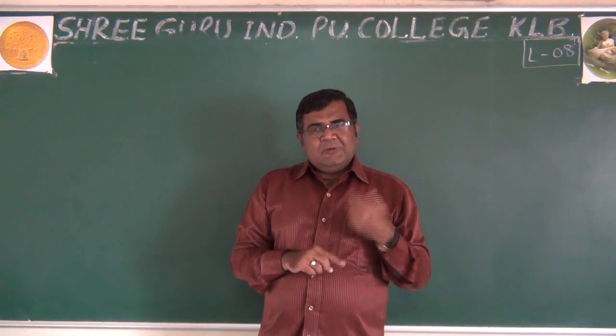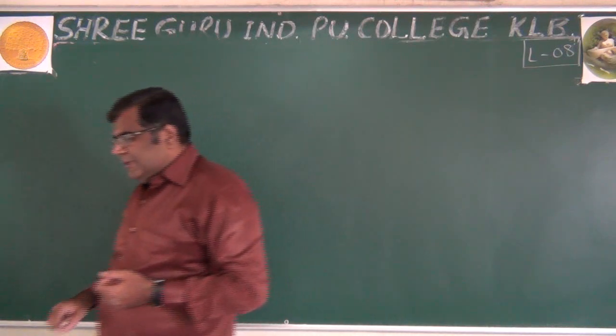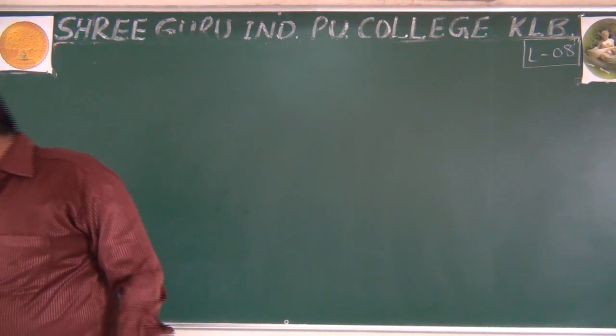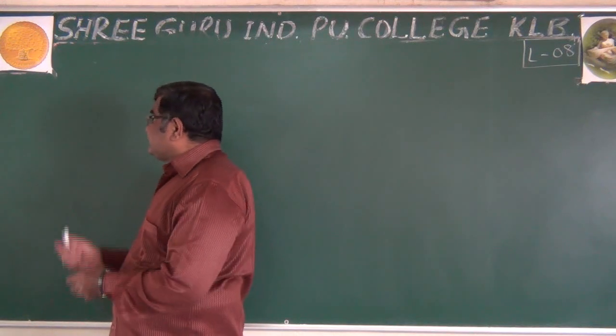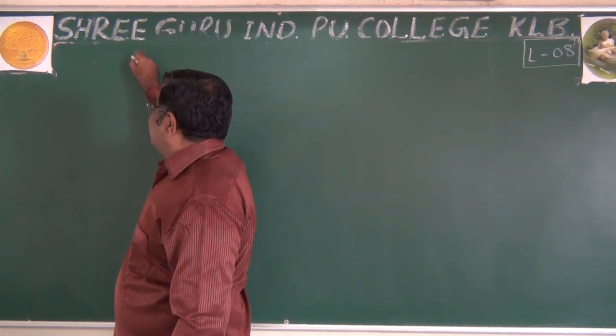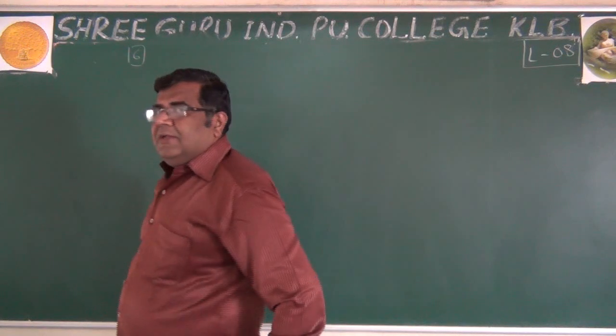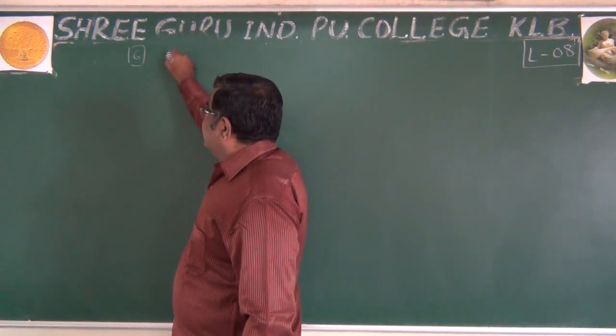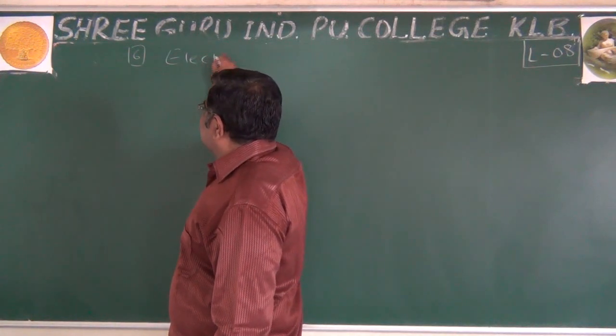completed. Now we'll go to the next property of the colloidal solution, which we can number as 6. It is electrophoresis.